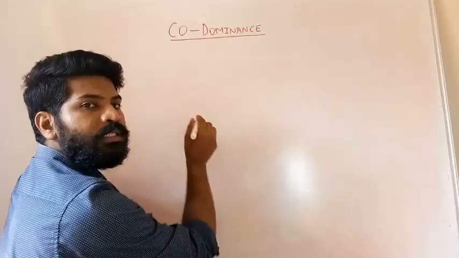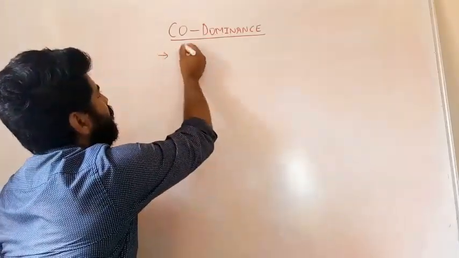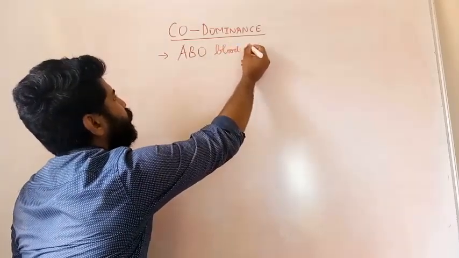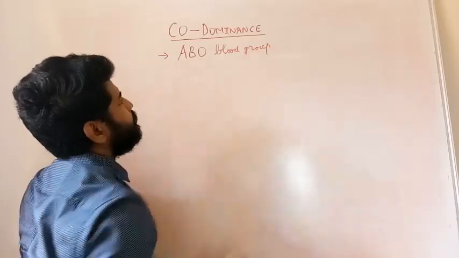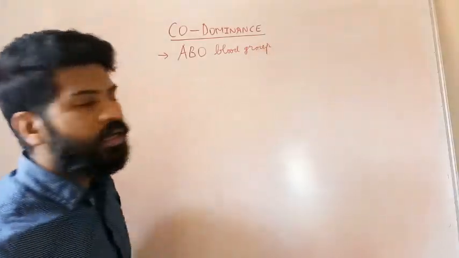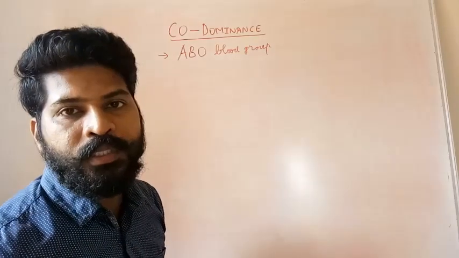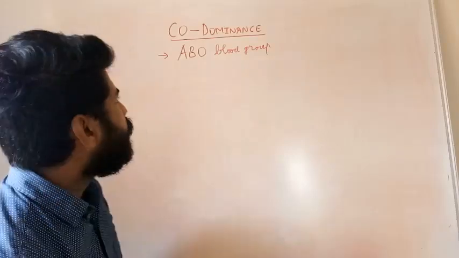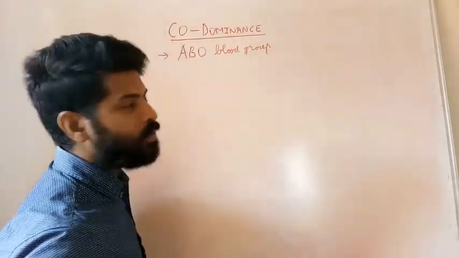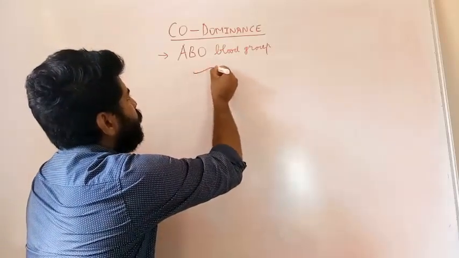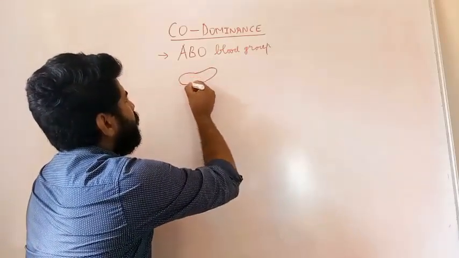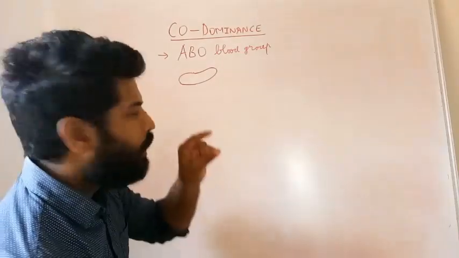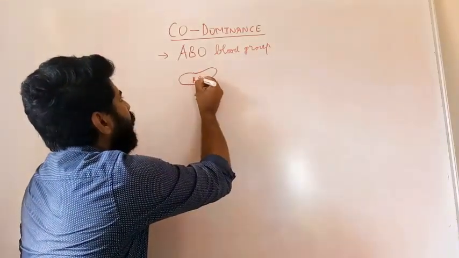The best example to understand codominance is the ABO type of blood group in human beings. We know that in human beings there are four types of blood groups: A, B, AB and O. Now these four blood groups are due to certain kinds of sugar polymers present on the membrane of the RBC.